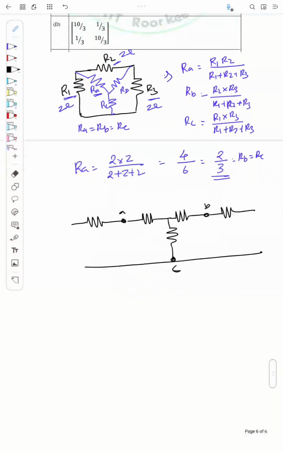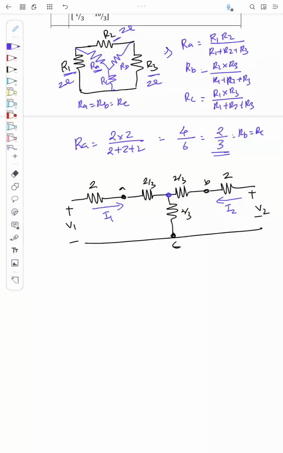These resistors are 2 by 3, 2 by 3, 2 by 3, and these resistors are 2 and 2, and I have the voltages V1 and V2 here. The current flowing through this resistor is I1 and through this resistor is I2. And this is a node, right? Since the currents are I1 and I2 from left and right, the current through this resistor will be equal to I1 plus I2.